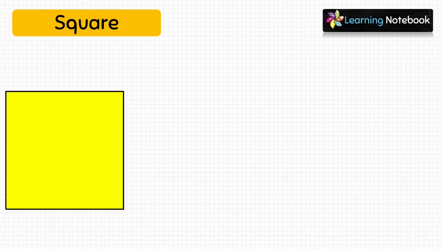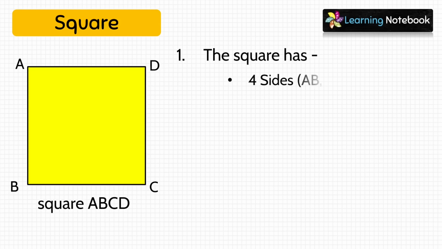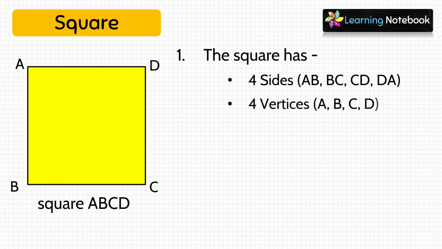Now let's see the next quadrilateral, which is square. A square also has 4 sides, but all of them are of equal length. So similar to rectangle, a square also has 4 sides and 4 vertices.